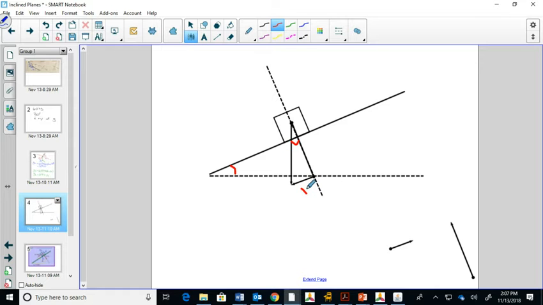So here's my x, and here's my y. Because the x is always parallel with the surface, right? And my y is always perpendicular. Are you comfortable that the normal force is just going to be the exact same amount as this y component of gravity, right? Normal force is perpendicular to the surface. How do I find the normal force?